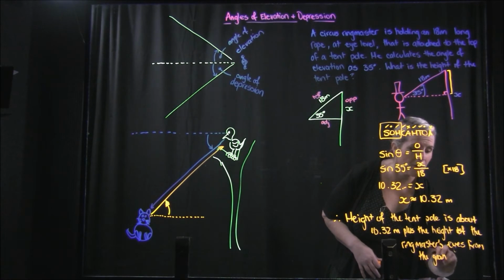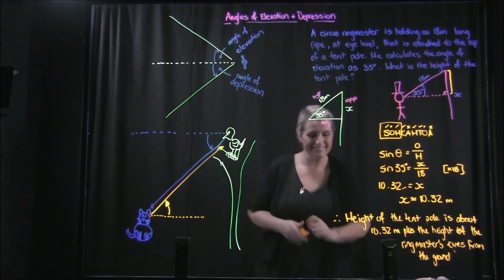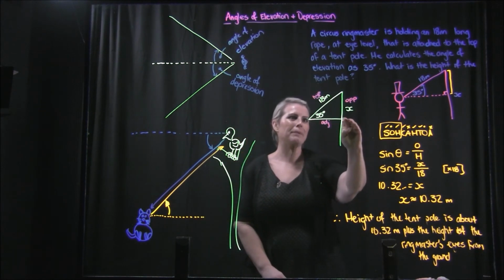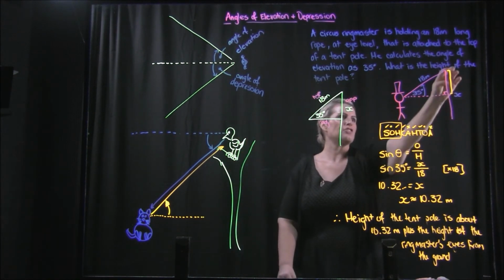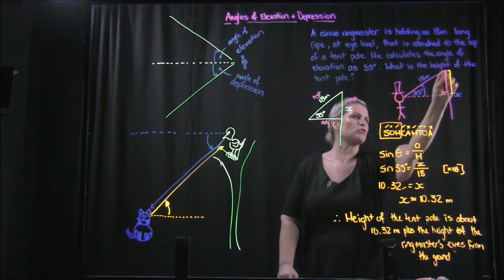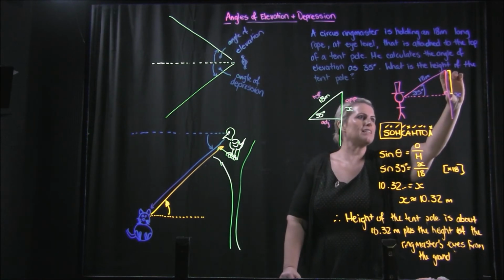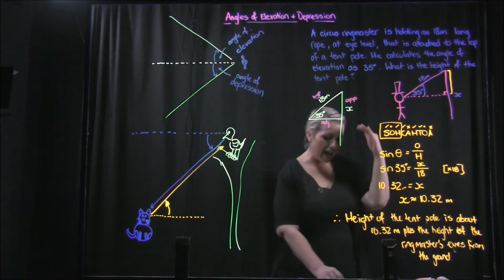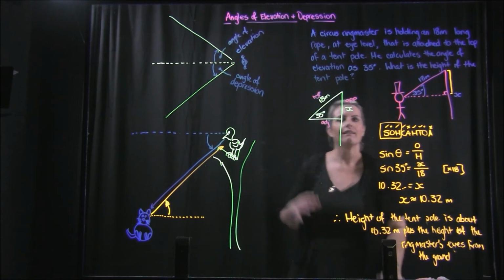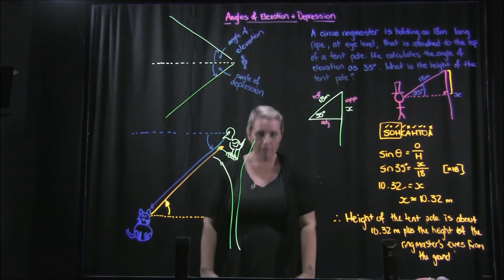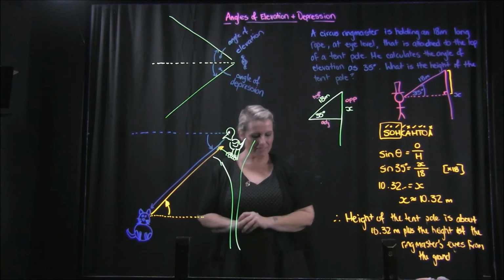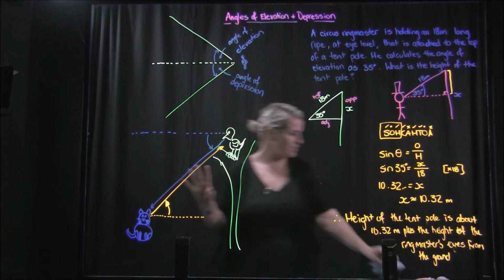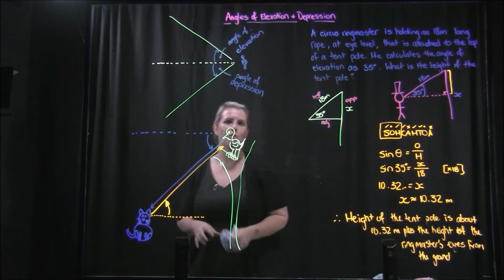Because the tent pole is not sitting up at eye level. The tent pole doesn't sit up here at eye level and just be this amount. But when we draw that triangle, it's really important to note, you're just finding this distance from eye level to the top of the pole. You actually need to still add in however high the ringmaster's eyes are from the ground to get your answer. Okay, so now I'm just going to clear off and we'll do one more word problem.